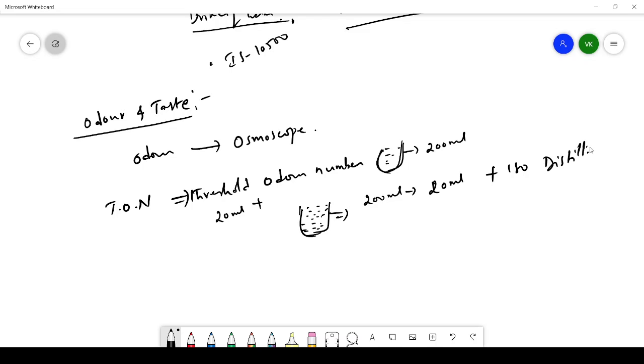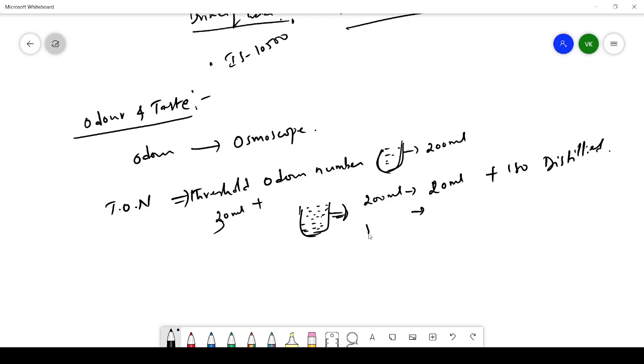water. Some trained experts are going to smell that water. If they are not able to identify the odor of that water, then you have to increase the sample size and reduce the distilled water, and do this iteration process until you are able to find the odor in that water.